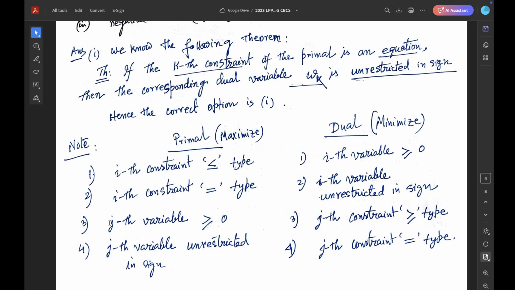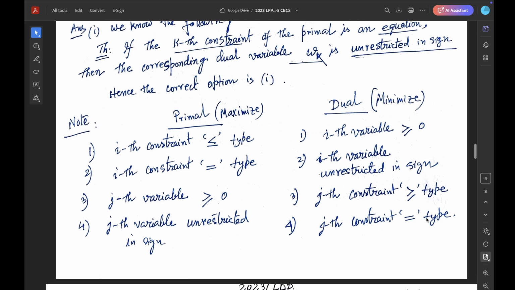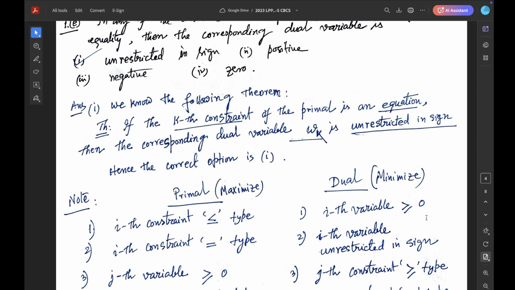If in the primal the jth variable is greater than or equal to 0, the corresponding dual jth constraint is of greater than or equal to type. If in the primal the jth variable is unrestricted in sign, the corresponding dual jth constraint is of equality type. So here the correct option is 1.